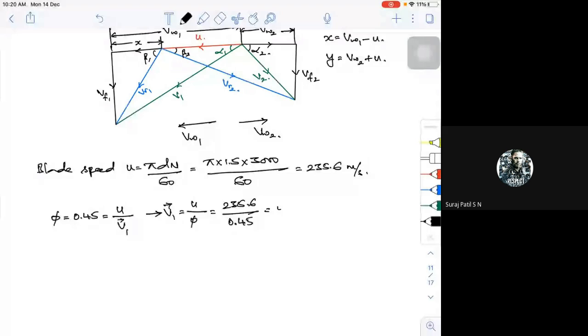I am getting around 523.8 meters per second. So V1 is equal to 523.8 and u is equal to 235.6.